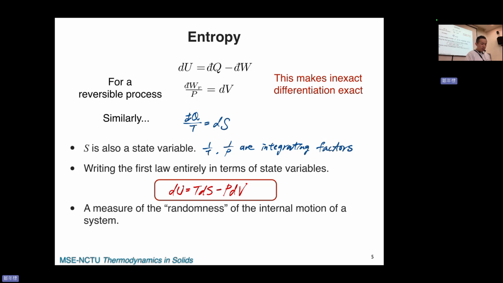We found that dividing by T can be a good integrating factor. So we obtain the famous equation dU equals TdS minus PdV.